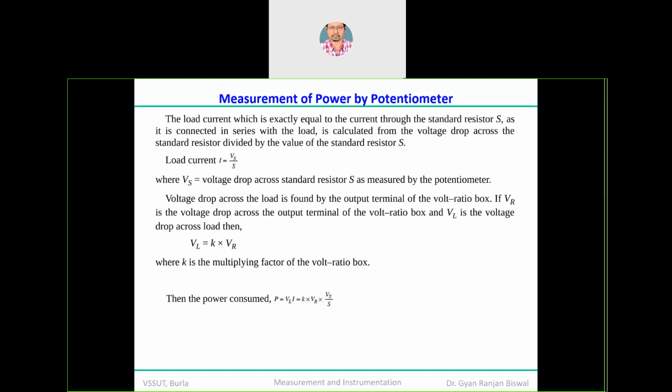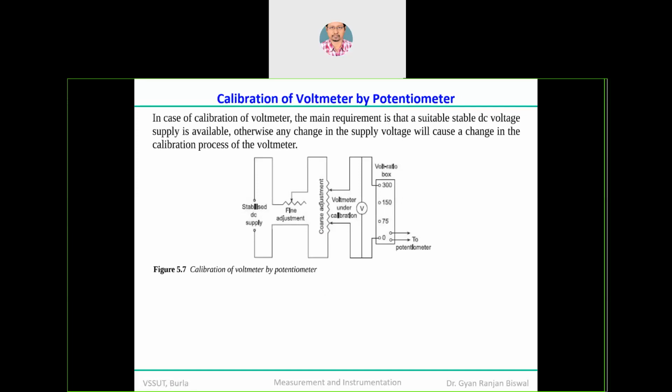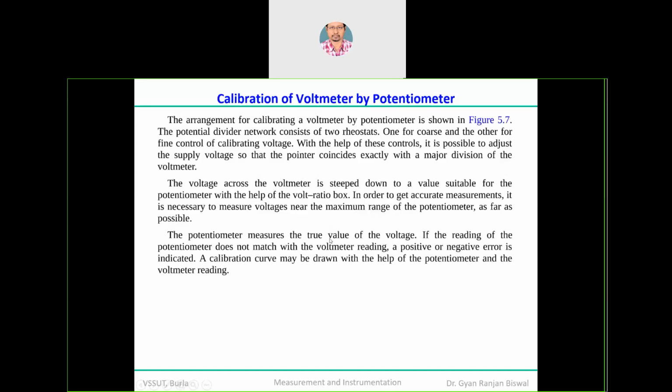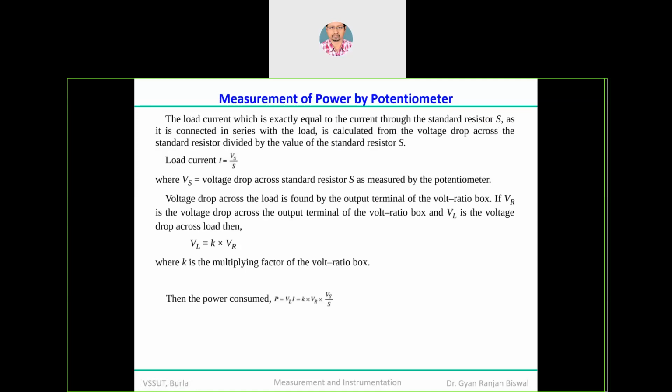Now VL is some fractional value of the total voltage VR. So this value you can calculate, and then the power consumed across that particular voltage ratio box is given by VL into I. VL is equal to K times VR, where K is some fractional value, and VR is known to you.